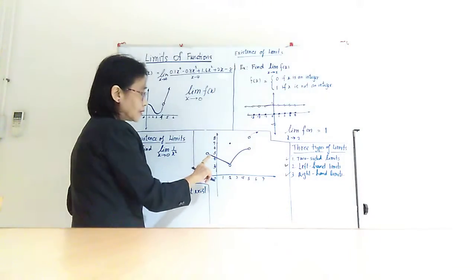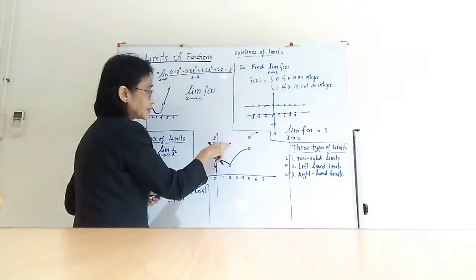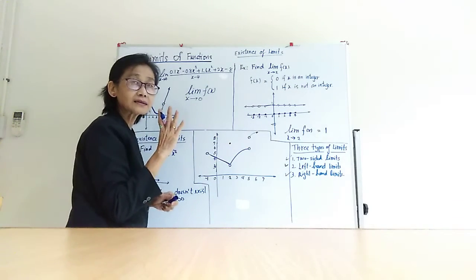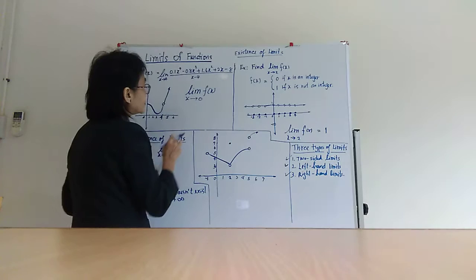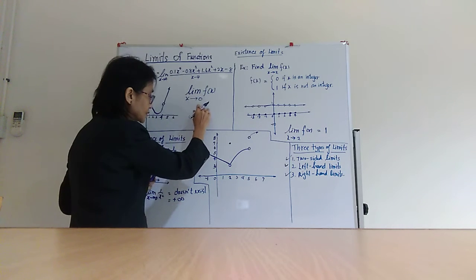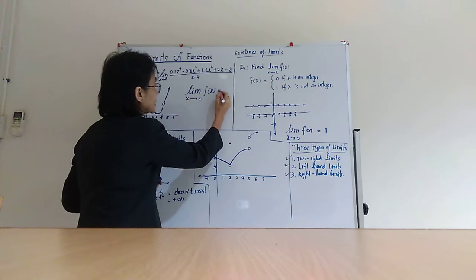We have 1, 2, 3, and 1 dot, so 4 functions. So if I ask you, say limit of function when x approaches 0, what is this answer going to be?